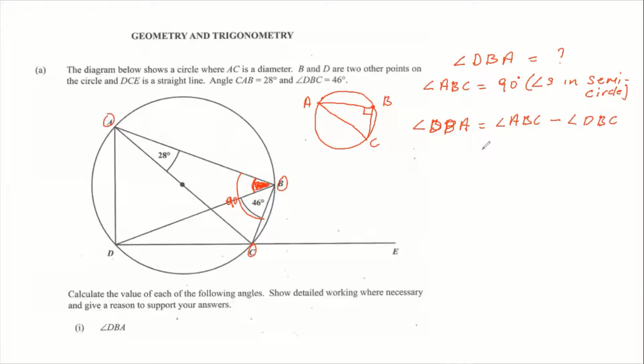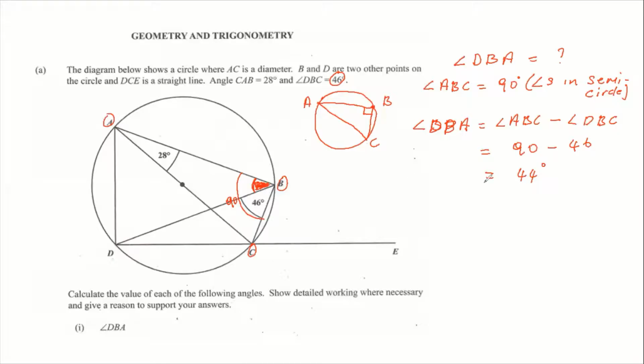And what is angle ABC? We just found that. That is 90 degrees minus what is angle DBC that was given. That is this angle here, which is 46 degrees. So that's 46 degrees. And what's 90 minus 46? That's just going to leave us with 44 degrees, right?